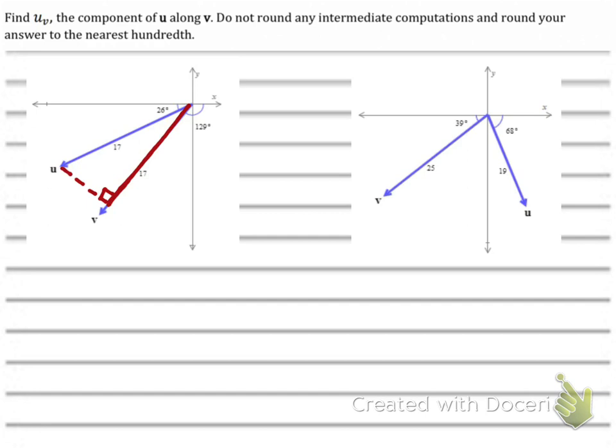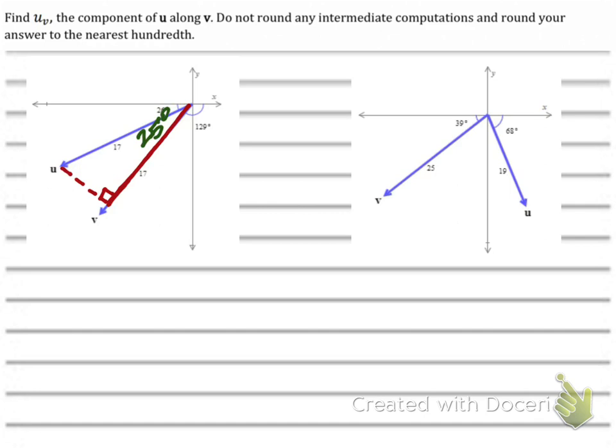You with me so far? Just think about this as a right triangle, and we need to know what that angle is. Notice they've given me 129 degrees and 26. So the rest of that must be 180 minus 129 minus 26. So this angle is 25 degrees.